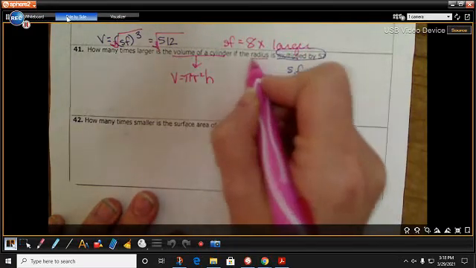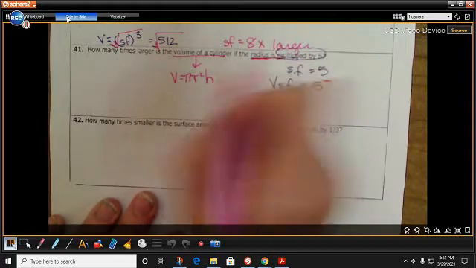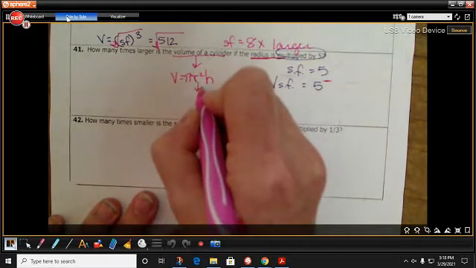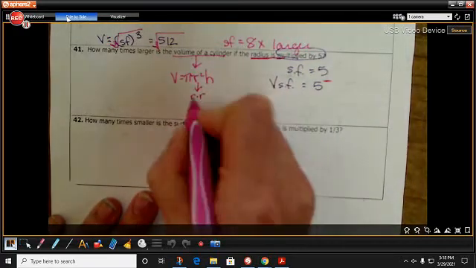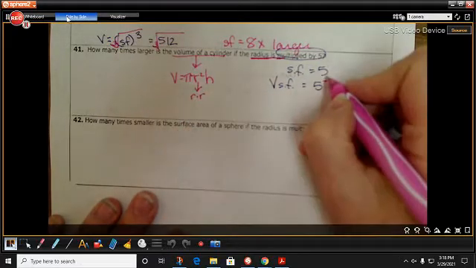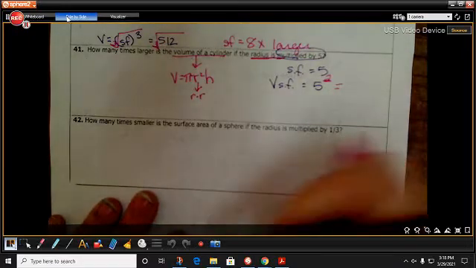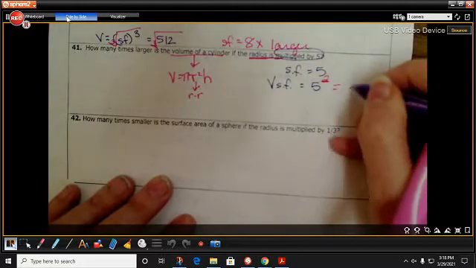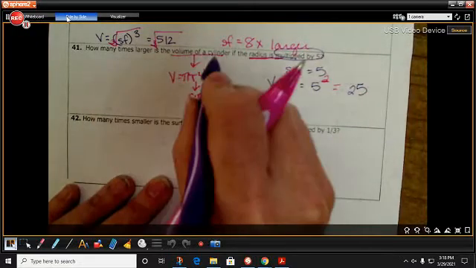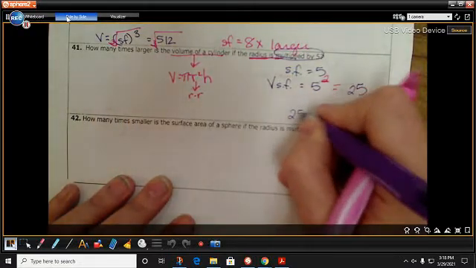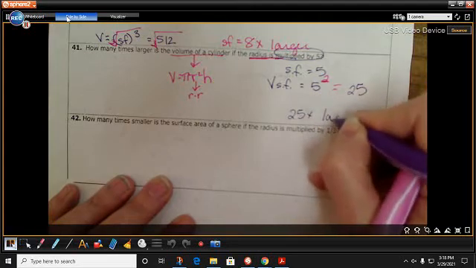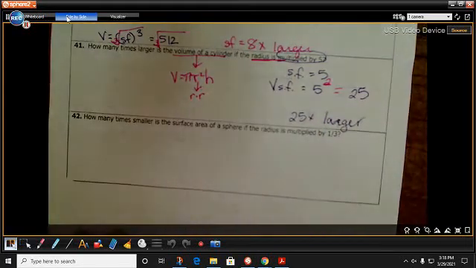So I'm going to see how often that radius is used in my formula. And my radius gets squared. It's multiplied twice. So I'm going to take my original scale factor and raise it to the power of 2. So my volume scale factor is actually going to be 25. So my bigger volume is now 25 times larger than the original.